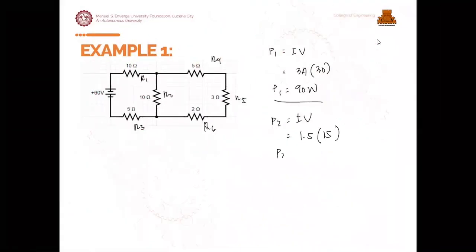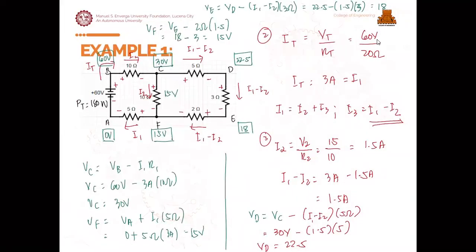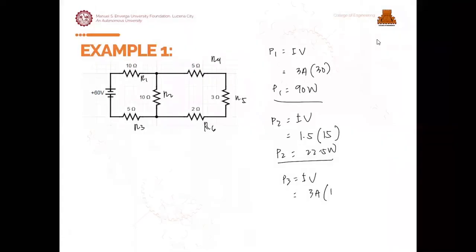So P2 is 22.5 watts. Then P3, IV: we have a current of 3 amperes, the same as at A, times our voltage there of 15. So that is 45 watts.